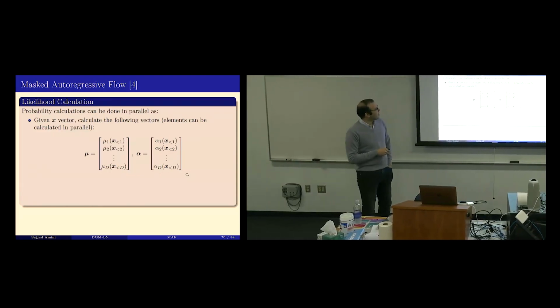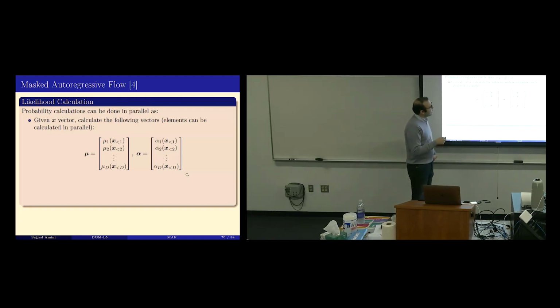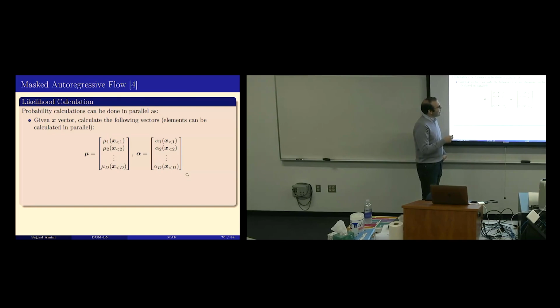But on the other hand, likelihood calculation, which is needed for learning, can be done in parallel. How? For likelihood calculation, you are given a vector x, an observed random vector. Then you can easily calculate the mu and alpha vectors. And because we have access to all the observed vectors, you can calculate each element in parallel.